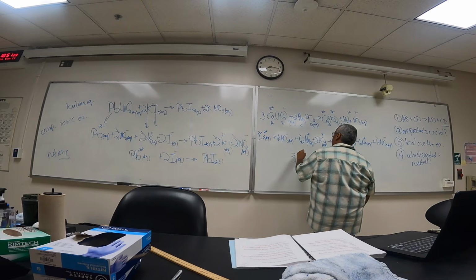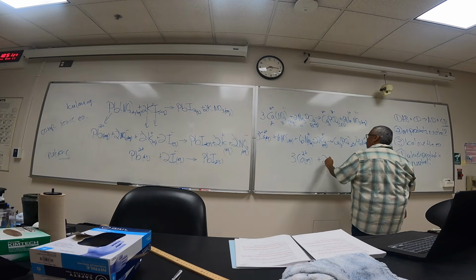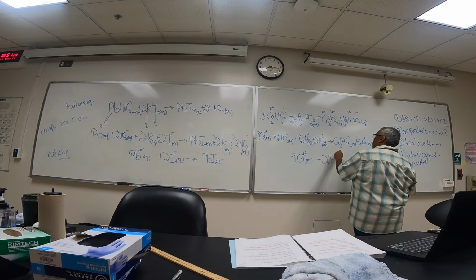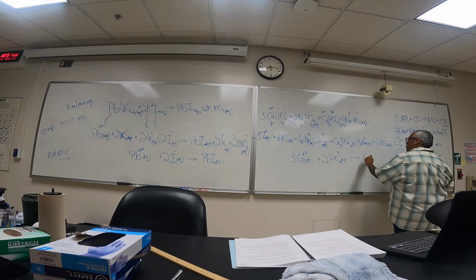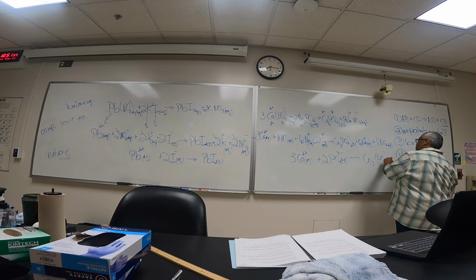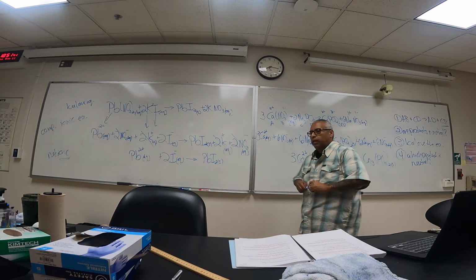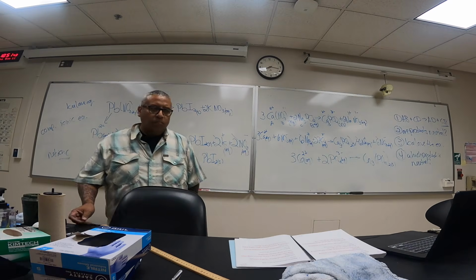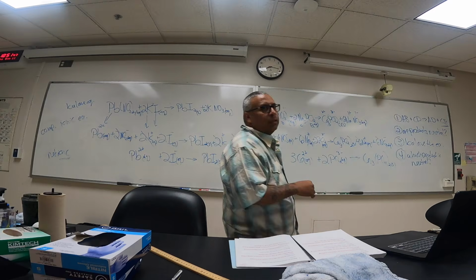So we got 3 calcium ions plus 2 phosphate ions. And that's going to give us our solid precipitate in the reaction, right? So, net ionic equation.